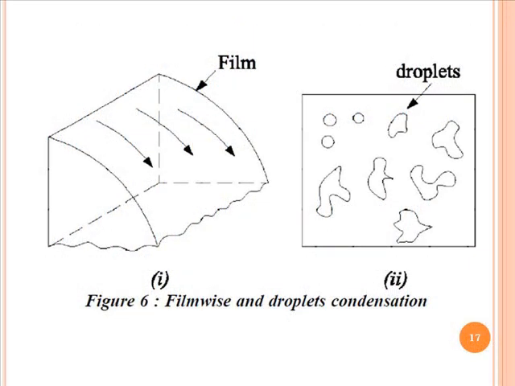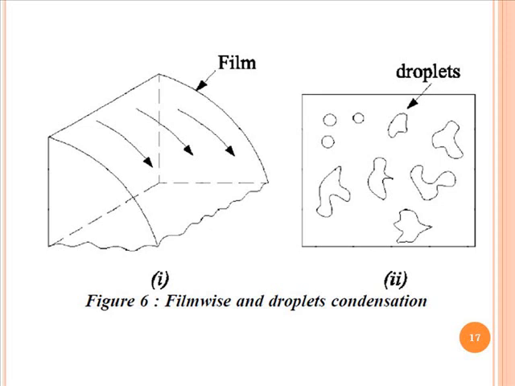Figure number 6.1 is talking about film-wise condensation. In film-wise condensation, the liquid wets the surface and a continuous film is formed on the surface. The film moves down due to gravity and the thickness of the film increases progressively due to the addition of condensed vapor.